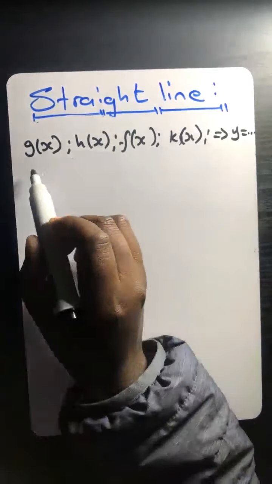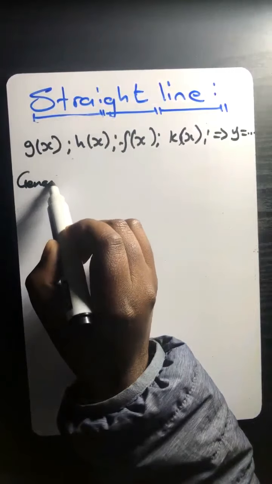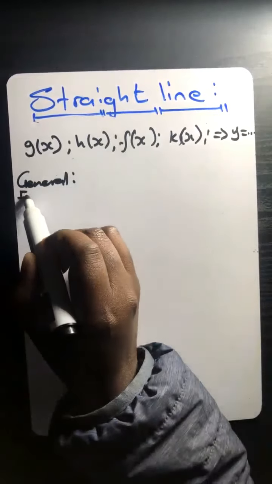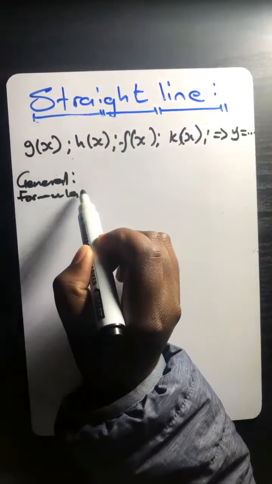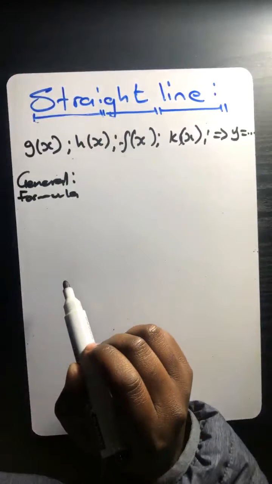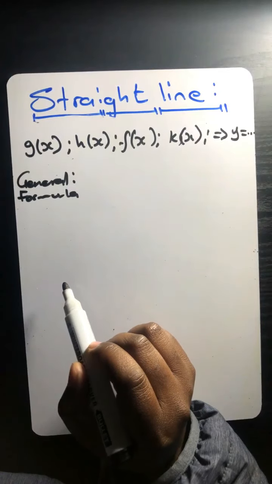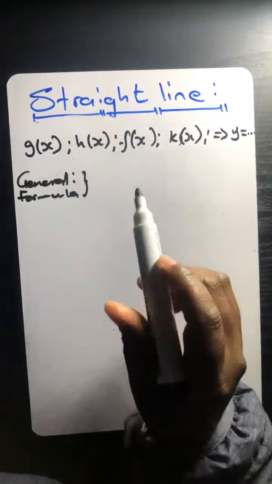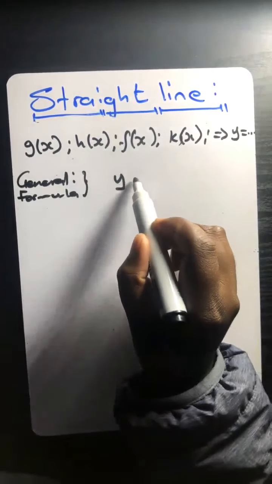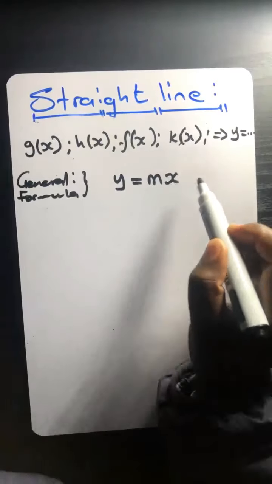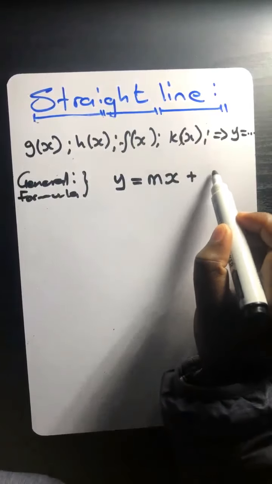So, the general formula of a straight line. Because now we are not at a baby phase, we are not at a teenager stage, but let's consider ourselves being adults. Why? Because we already understand that we have y equals m, being the gradient, x plus c.